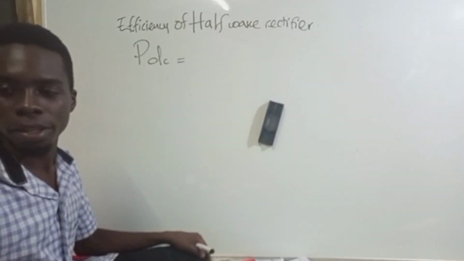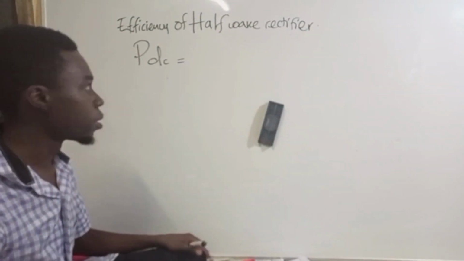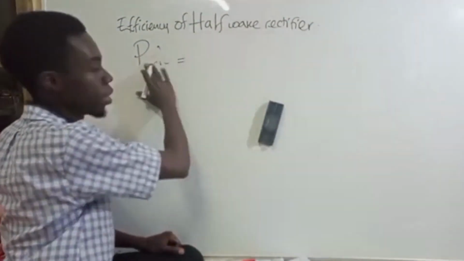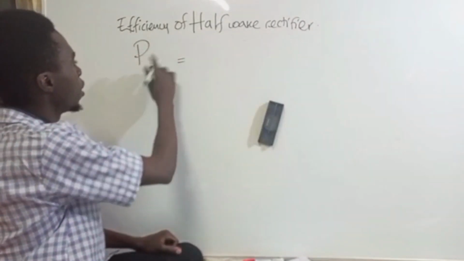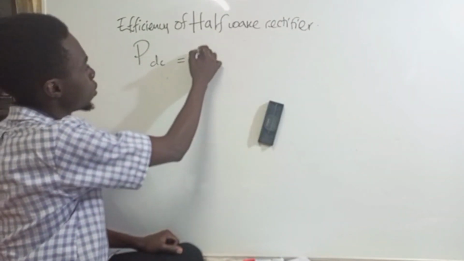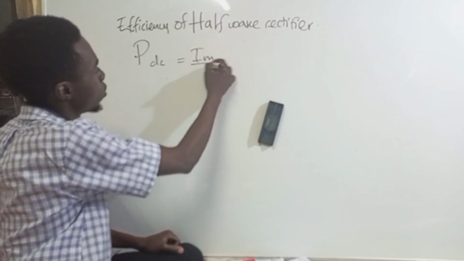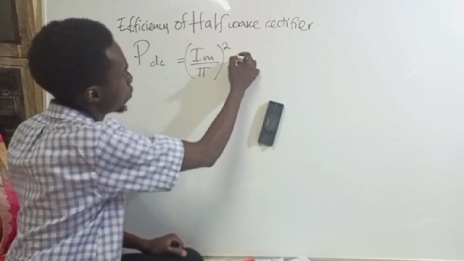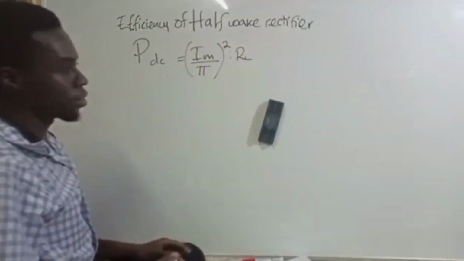Let me try to write for you what I was saying so that you give me feedback on that. I said that PDC will always be calculated by Im over pi, squared, times the load resistance, okay?